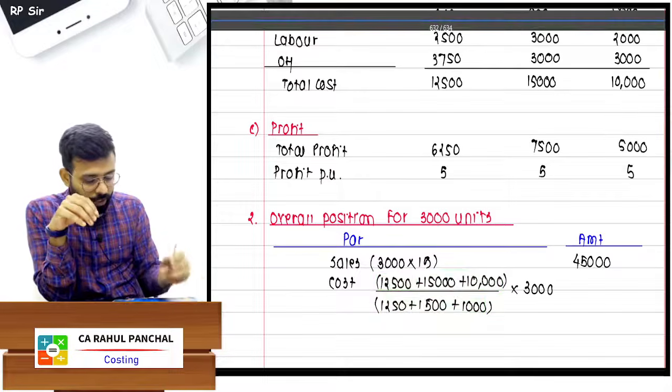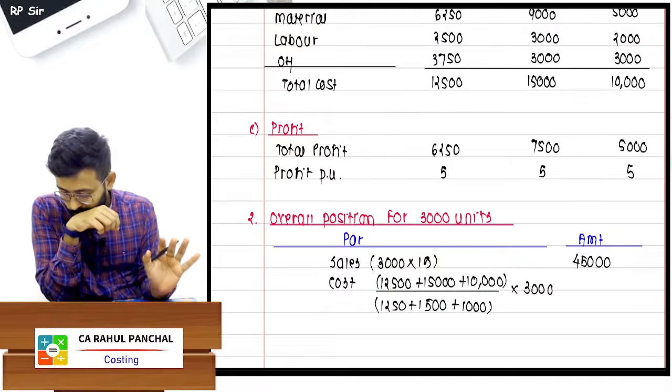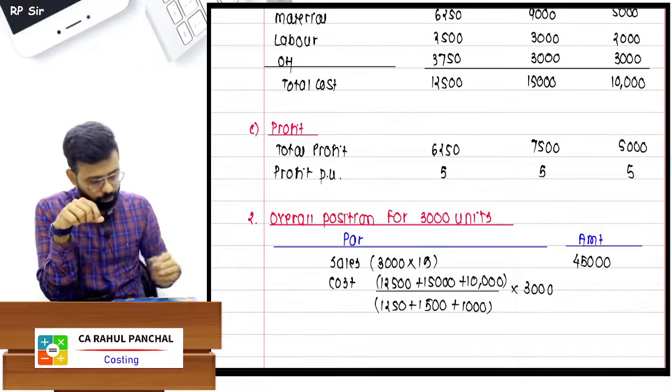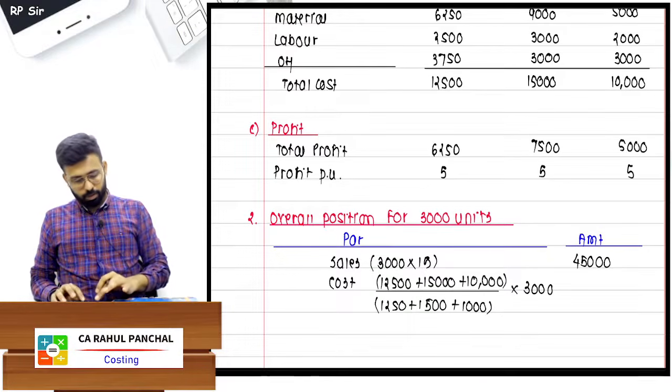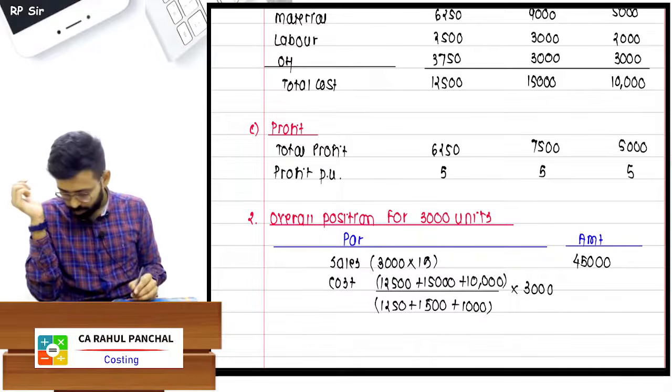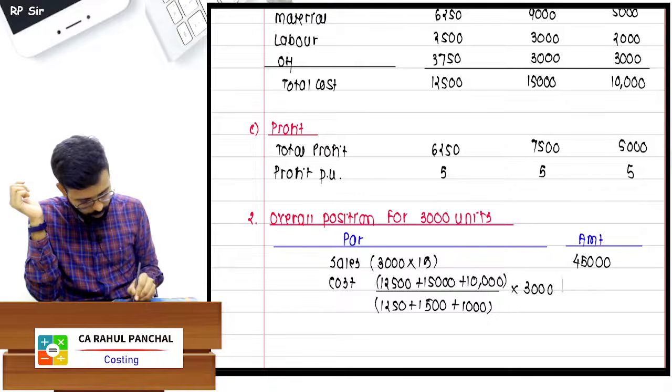So for 3000 it is how much? 1250 plus 1500 plus 1000, okay, 30,000, okay.